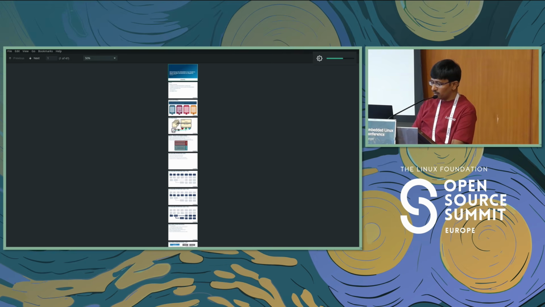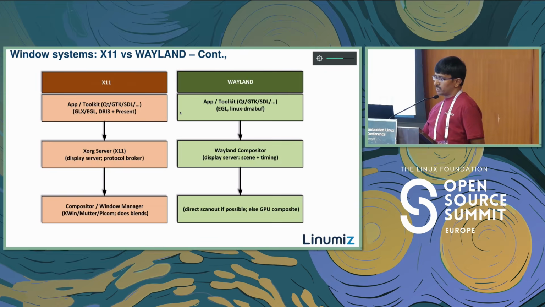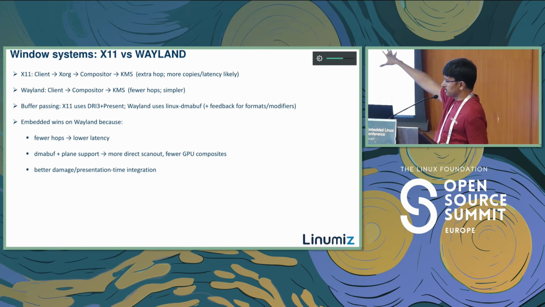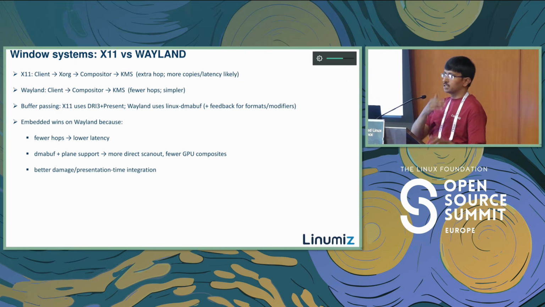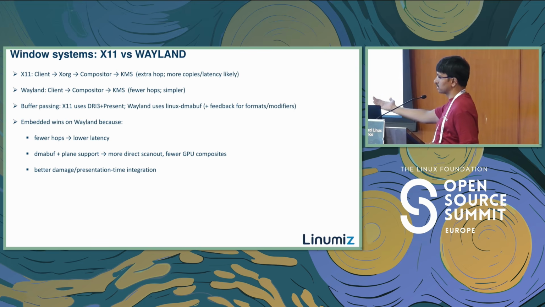So that's the role of the composition system, to get buffers from multiple applications and decide what goes to the final panel or final display system, what you see technically in the real display. So there are a couple of things available.